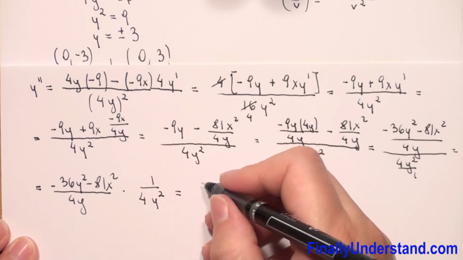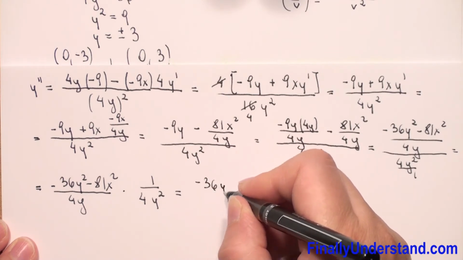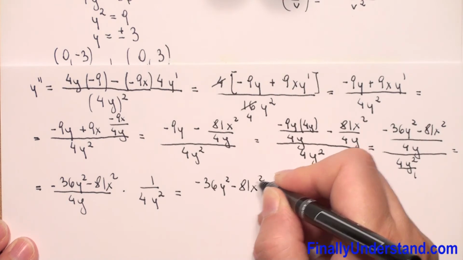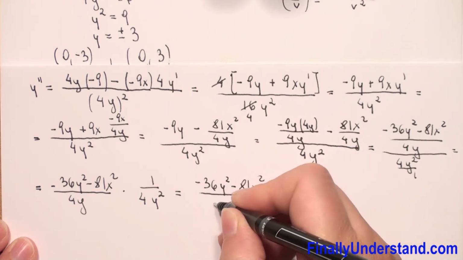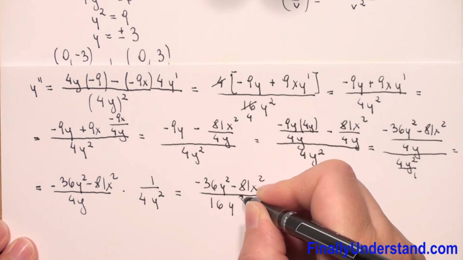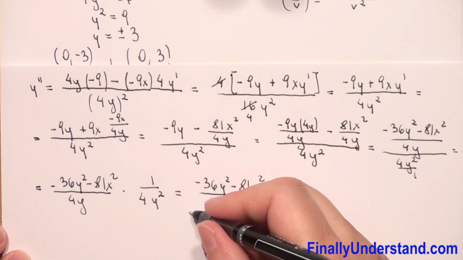This is equal, it will be negative 36y squared minus 81x squared over 16y to power 3.